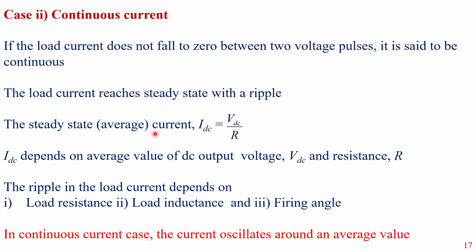The steady state current or average current can be given as VDC over R. The average current depends on the average output voltage and resistance, whereas the ripple in the load current depends on the load resistance, load inductance, and firing angle.